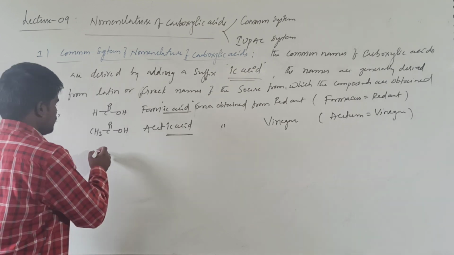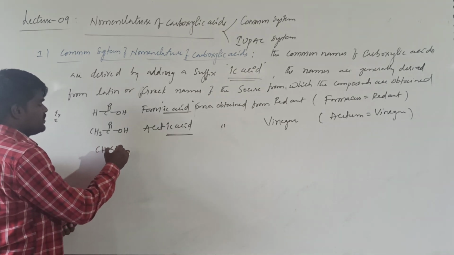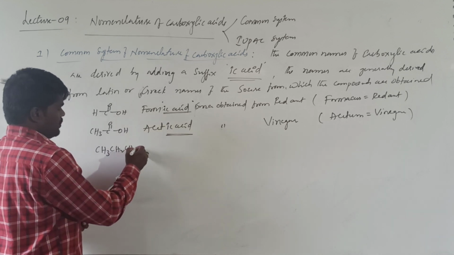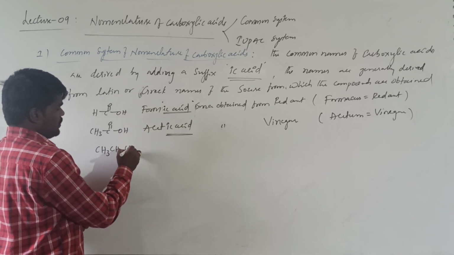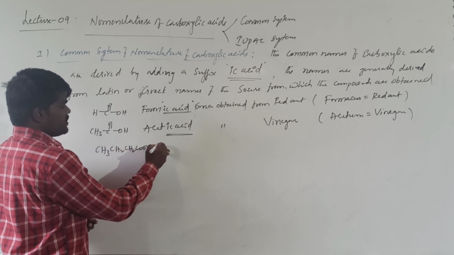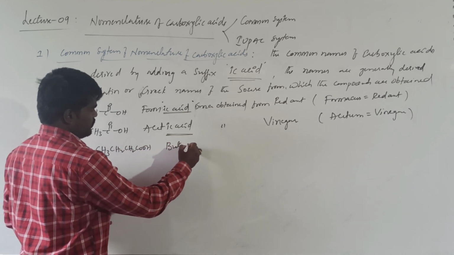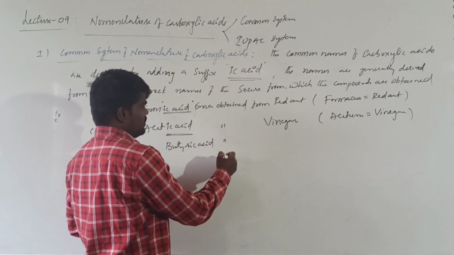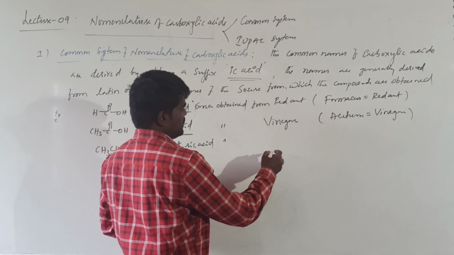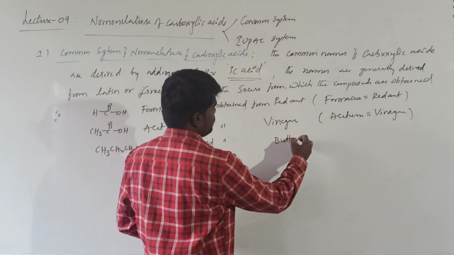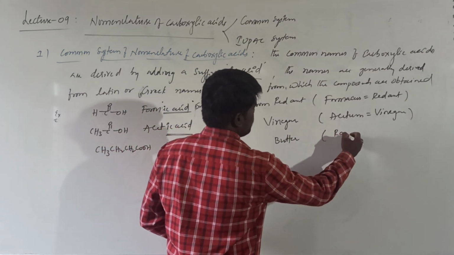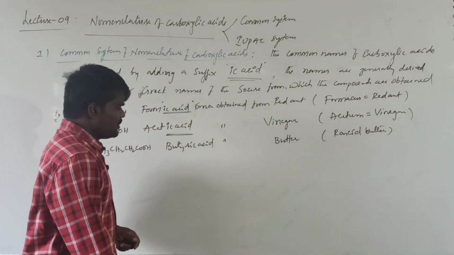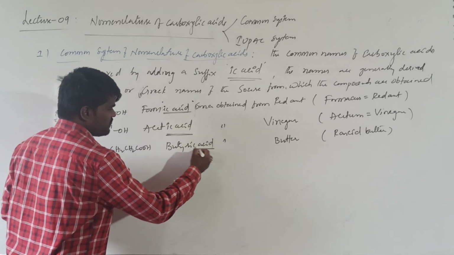Suppose you are talking about another member, CH3CH2CH2COOH. This is called butyric acid. It is obtained from butter, basically from rancid butter. So these names are derived in such a manner.